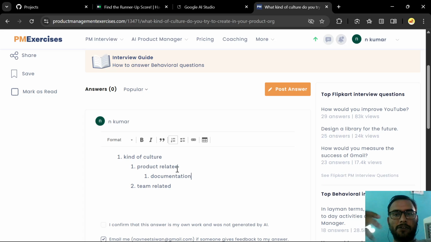So whenever you create a feature or work on a PRD or an update or anything related to a product change or a new release, you have proper documentation for it, be it a MOM or a PRD or a small note or a note for the development team with technical details. So you try to gather all the documentation that is available for a particular product feature that you have to do.